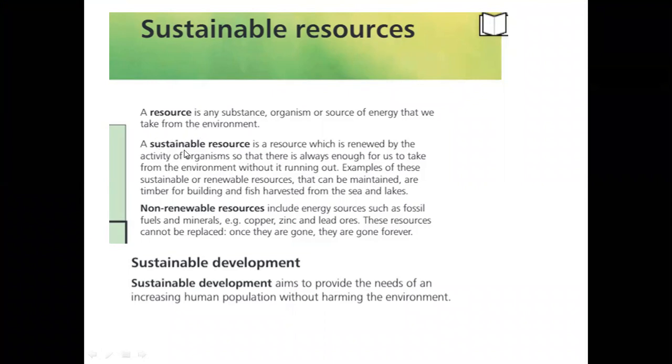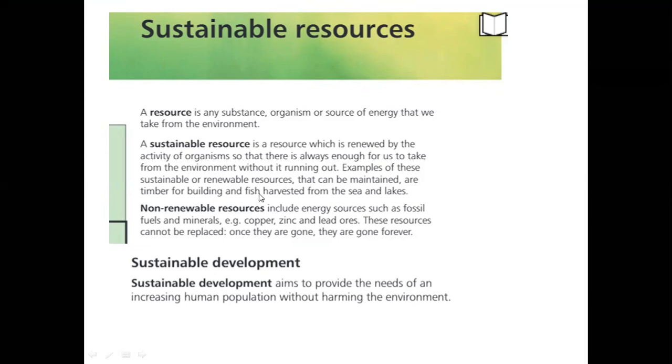But some resources we can renew. We call those sustainable resources. While some resources we can't renew, we can't make them again. We call those non-renewable resources. For example, if you are cutting trees, you can grow trees again.